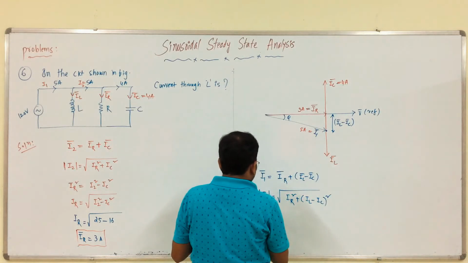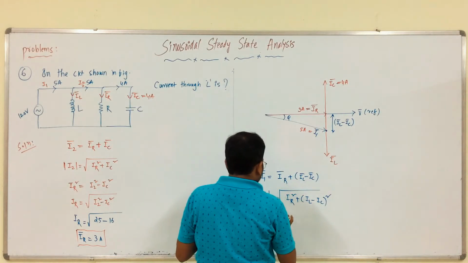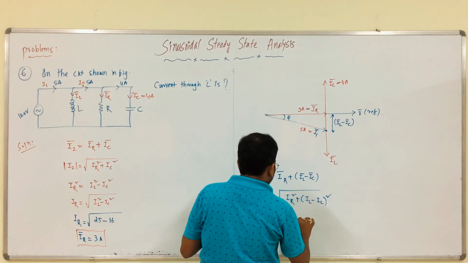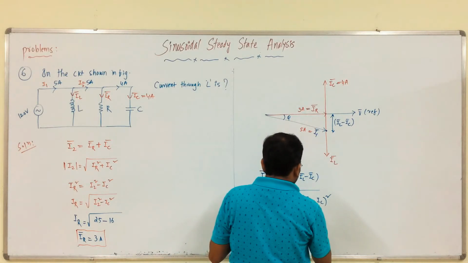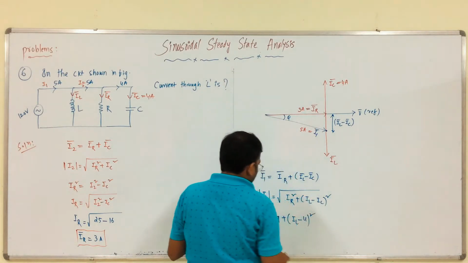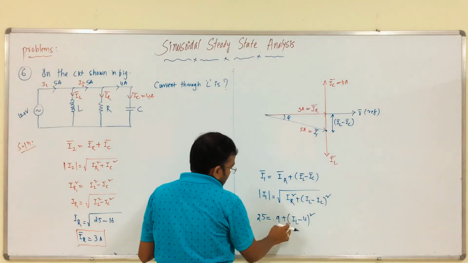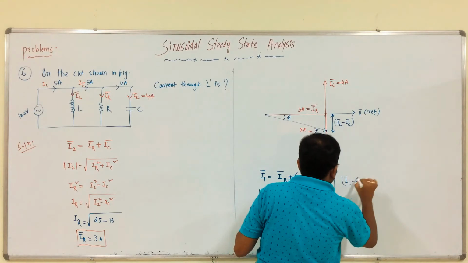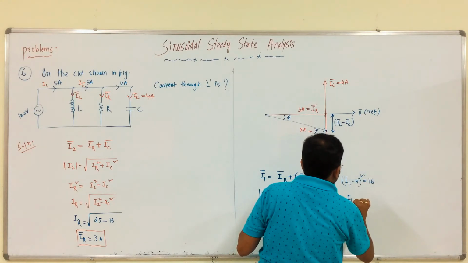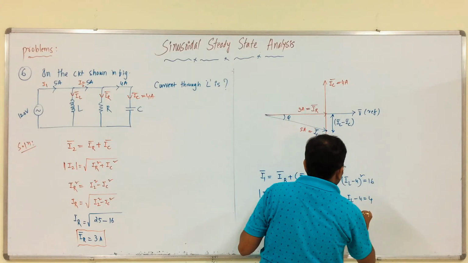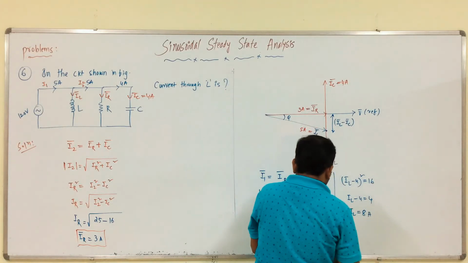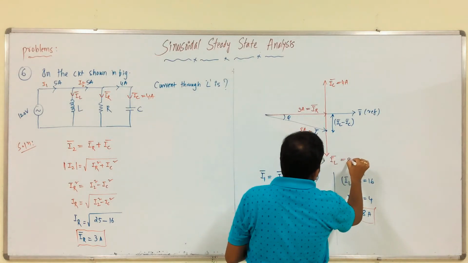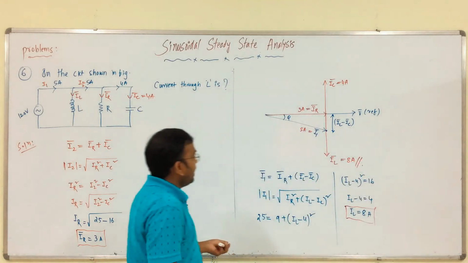This is equals to 5, means 25 IR square, that is 9, plus IL we do not know, minus IC, that is 4 whole square, right? From this 25 minus 9, 16, 16 IL minus 4 is nothing but 4. IL is equals to 8 amps. That is it. IL is equals to 8 amps. The answer is 8 amperes.